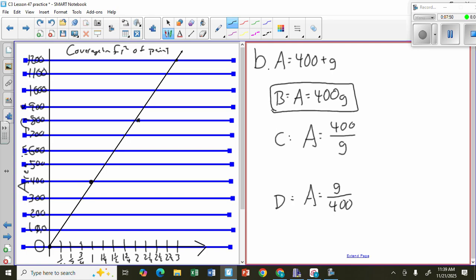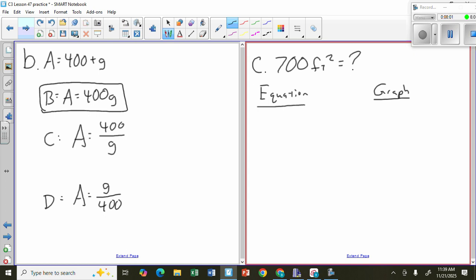All right. So now look at number C. What does C ask you to do? Paint how much? 700 square feet. Let's use the equation first. If I wanted to use the equation to solve this, my equation was area equals 400 times gallons.